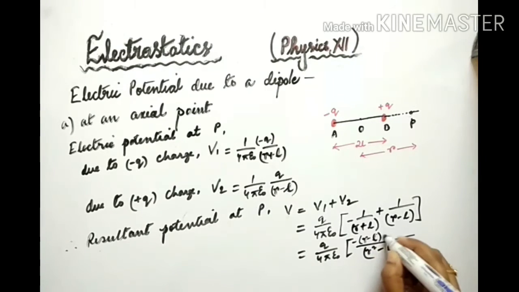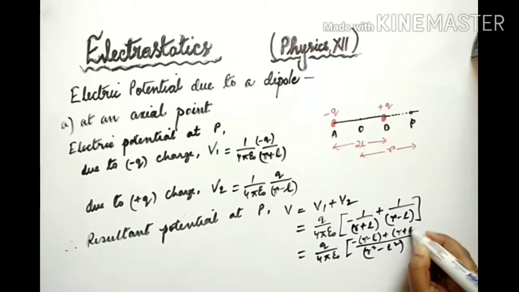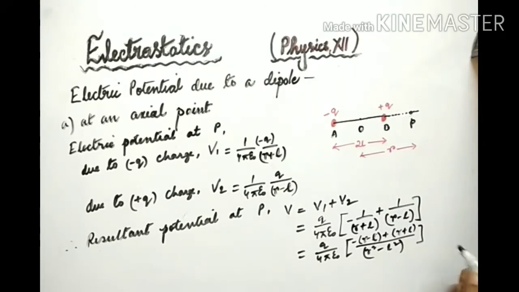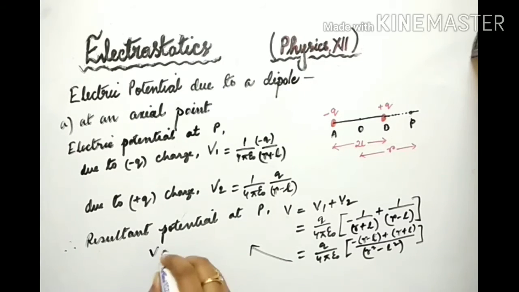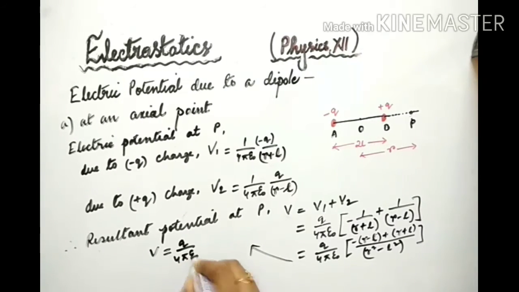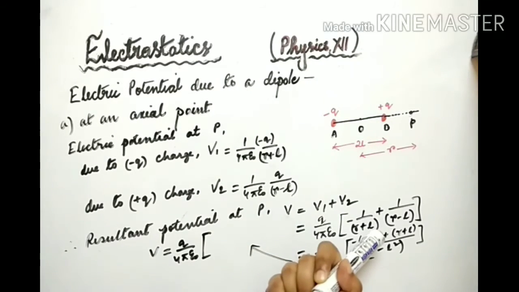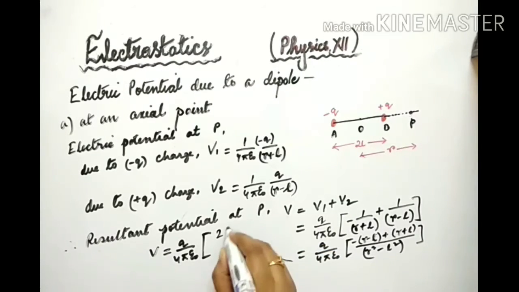Normal mathematics, we all know this. After solving, we can write V as Q by 4 pi epsilon naught, and minus R plus L plus R plus L. So 2L will remain, the R's will get cancelled.